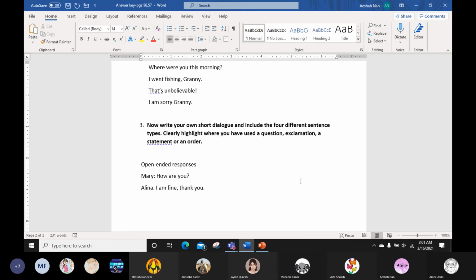Teacher, when you're writing, how do we have to write the name? Write the name like this, use colon. Can we write the name inside of the box? Yes.